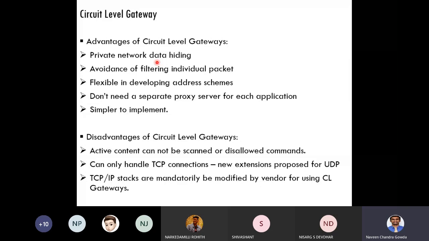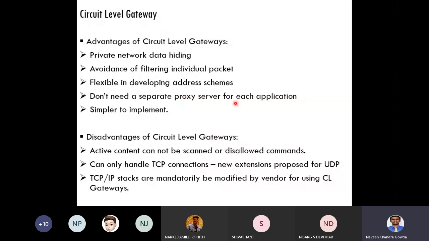It only bothers about the TCP segments. Once they are received, the classification has to happen at the session layer. Then we have the fourth point, which is again very important for you to remember: it doesn't need any separate proxy server for each application.